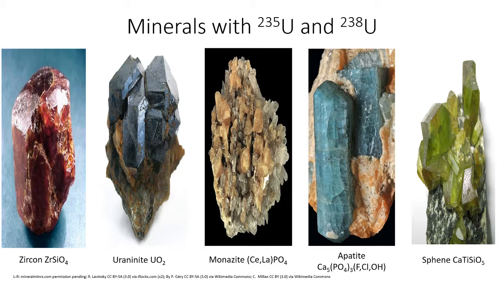Okay, the problem is this. We're looking for uranium-238 or 235, which means the chemical formula of the particular mineral should have uranium in it, or the symbol U. There's only one mineral on there that has U in it, and that's going to be uraninite, which is a uranium oxide. And so why do we have the others there?